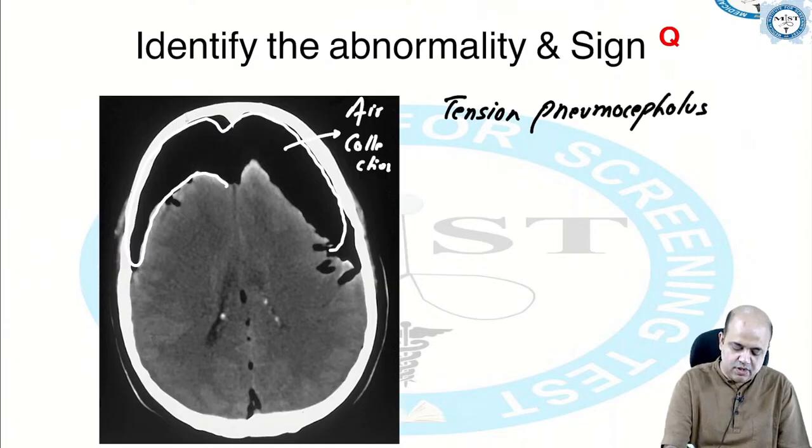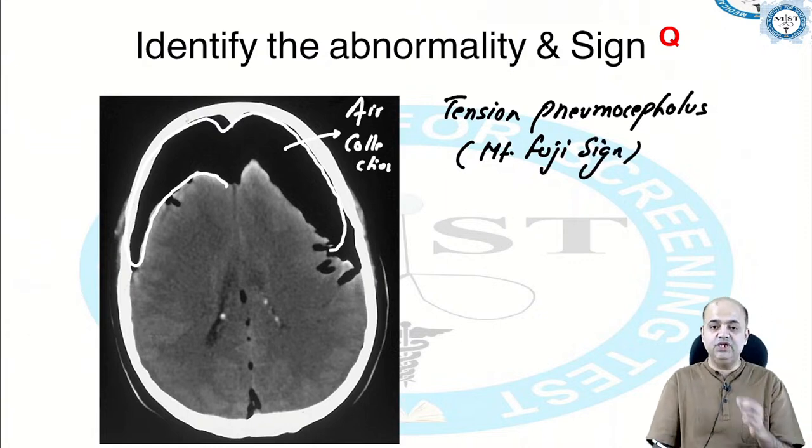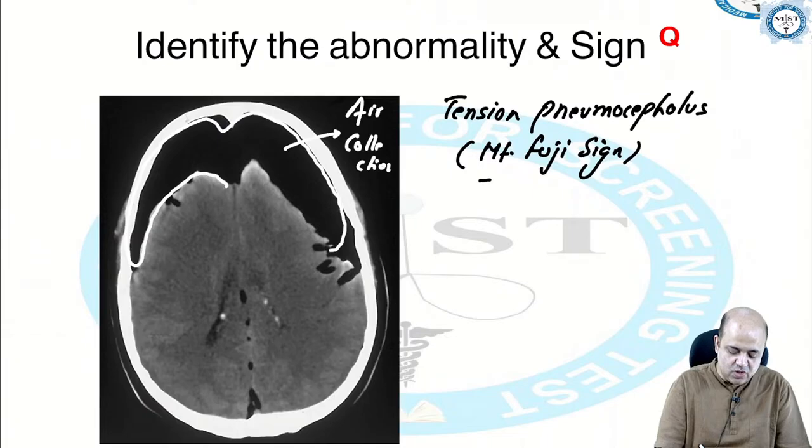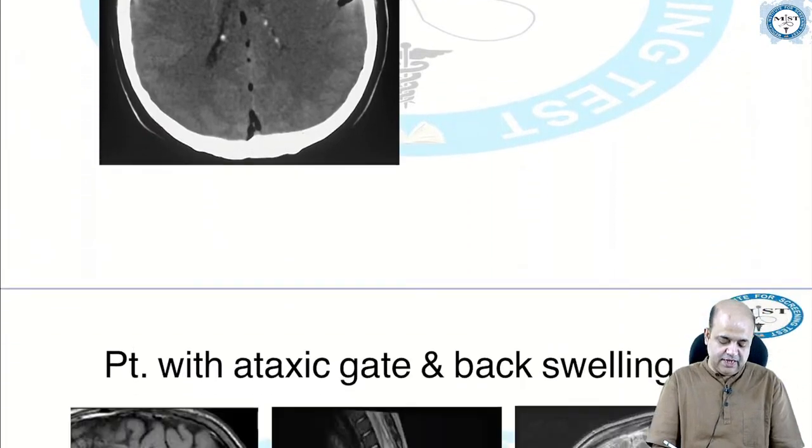Tension pneumocephalus is seen with the Mount Fuji sign. It occurs usually after intracranial operations or with head trauma and a fracture of the skull bone. There is a collection of air under tension.